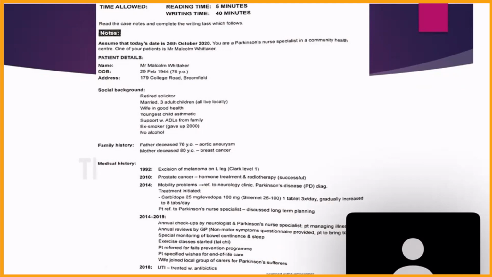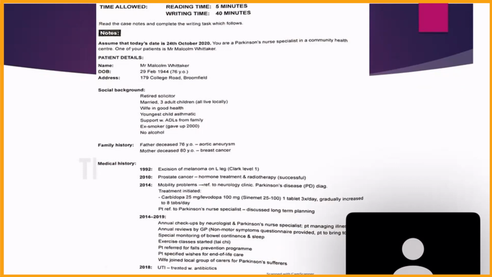Patient specified wishes for end of life care. End of life care means some people tell how and where they desire to die and so on, isn't it? It only says this patient has specified something like that. That is not very important here, isn't it?